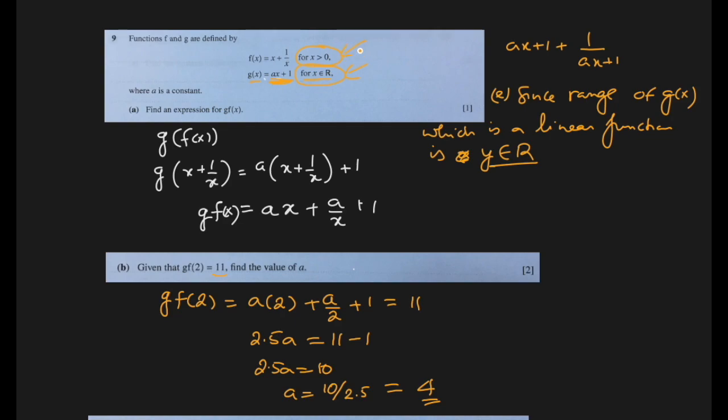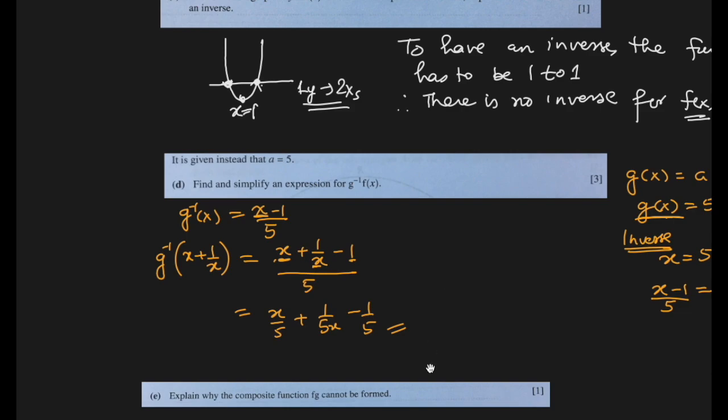This range will become the domain for f, which would be x is an element of real numbers for f, but it is not possible because x is only more than 0, not even equal to 0, which is out of the domain of f(x). That's why the fg composite function is not possible.